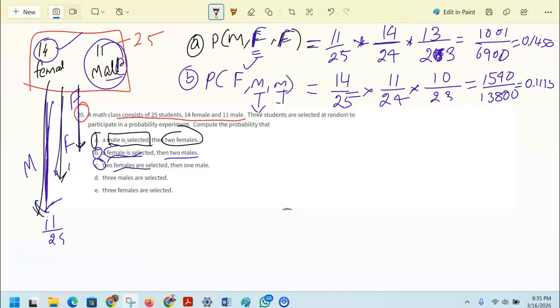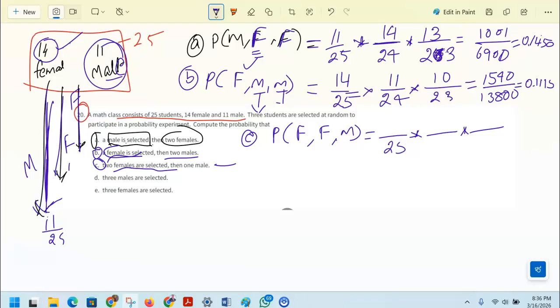Next is two females are selected and then one male. So this is C, probability first female and then second also is female and then the male. Again, by fundamental counting principle, you have three probabilities here. The bottom one will be 25 first, then 24, then 23. And first female, there are 14, so this will be 14.